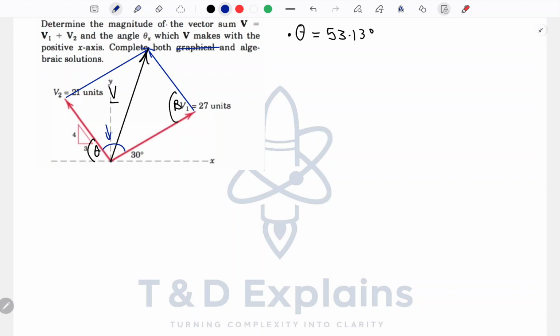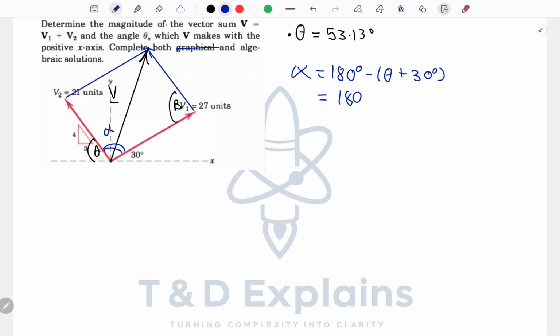What is this angle over here? Let me call it alpha, the blue one. Hope you can see it. What is alpha? Alpha is simply 180 degrees minus theta plus 30 degrees. We do know angles on a straight line sum up to 180 degrees.